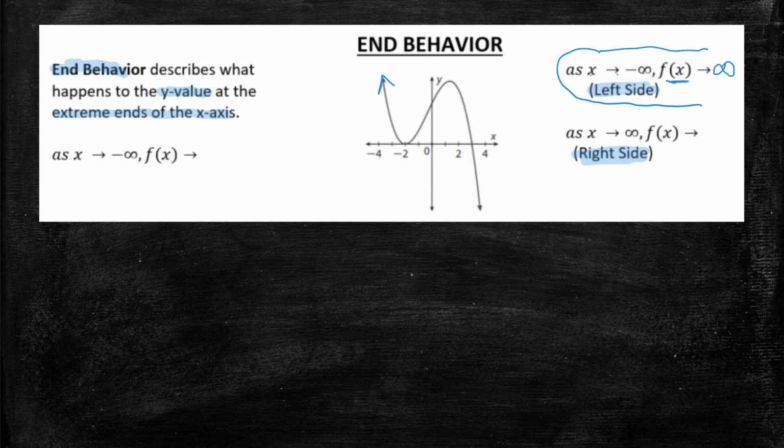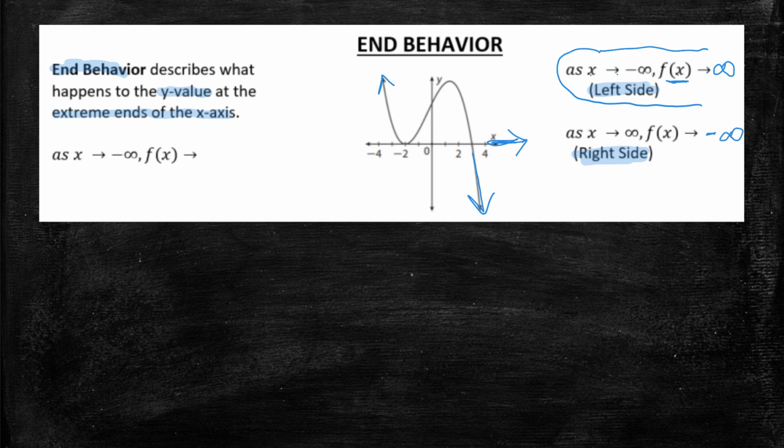Now, on the right side, as x approaches positive infinity, so as we go this way, what happens to your y? Well, my y is going down, so we say f of x is approaching negative infinity.